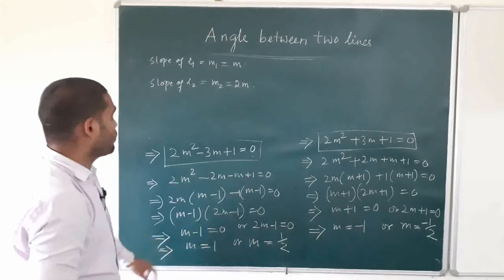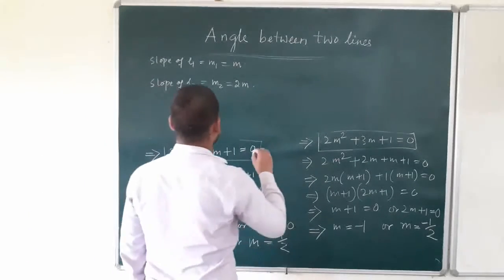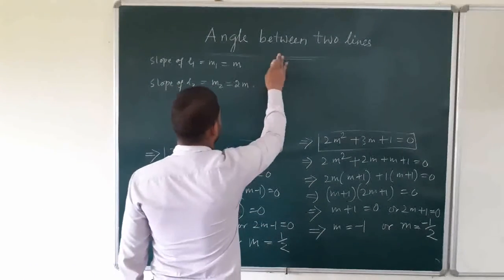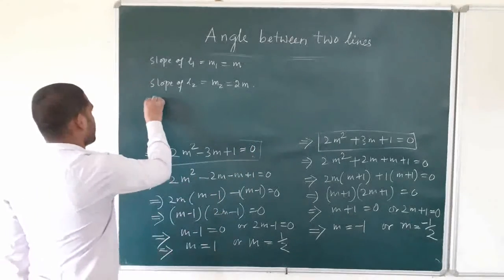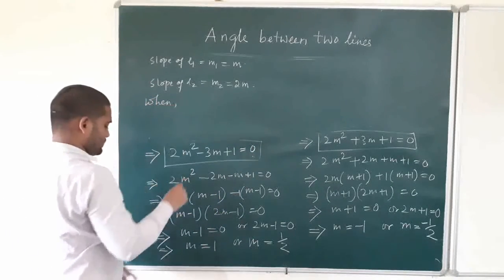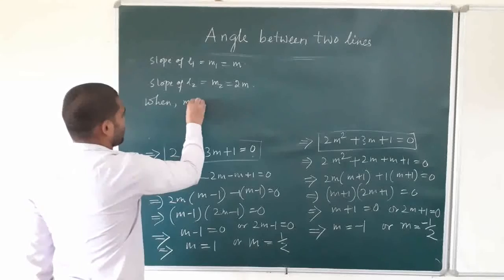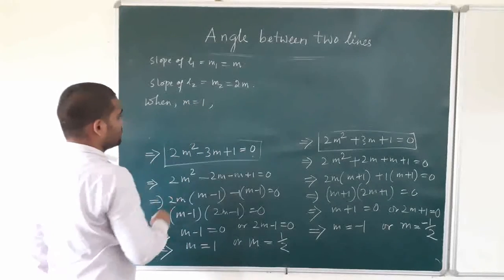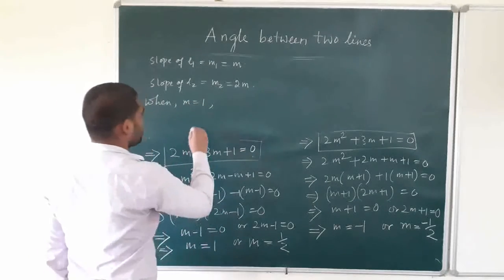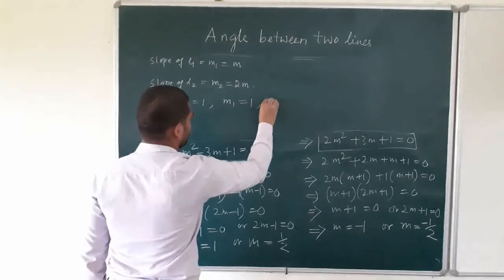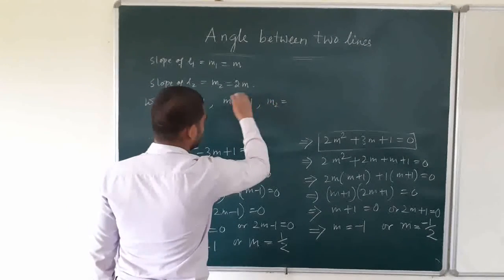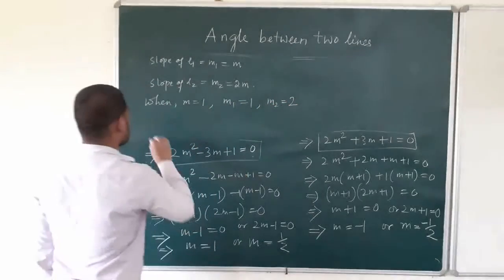Okay. When M is equal to 1, then M1 is equal to 1 and M2 is equal to 2.